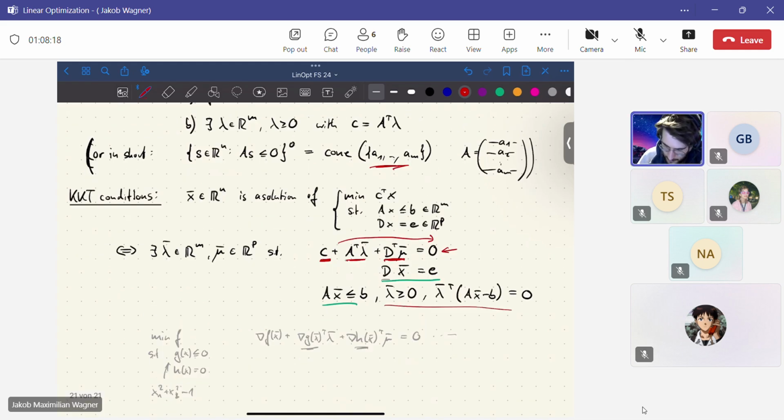And we have here the compatibility conditions, which tell us that for the inequality constraints, we need the positive multiplier. So this only works in one direction, because we have the cone here that only contains positive combinations.